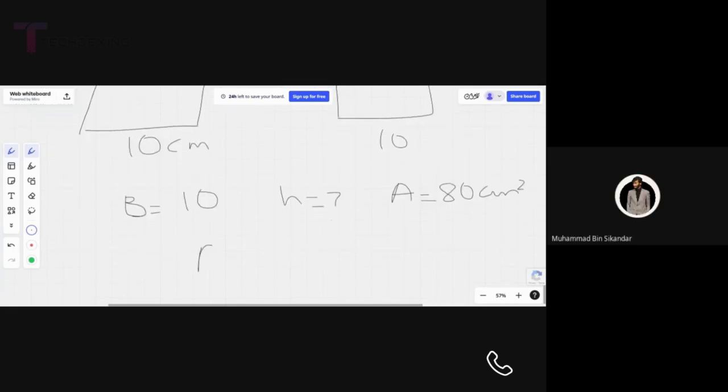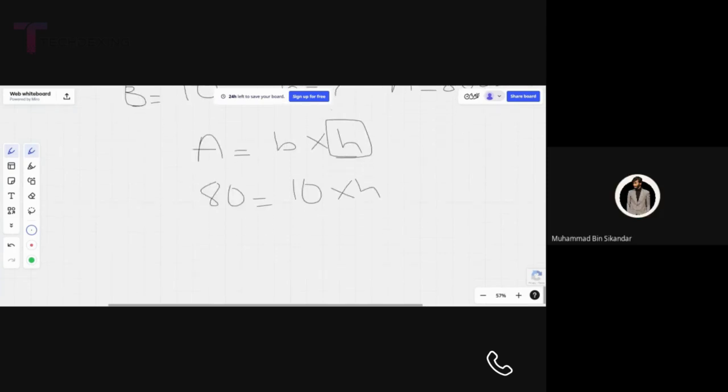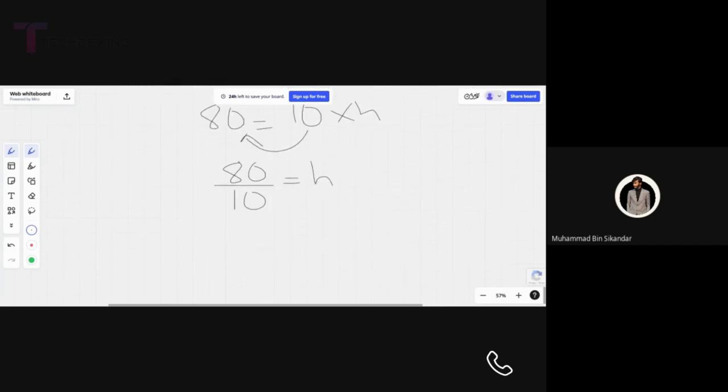I told you earlier the formula was base multiplied by height. I'm not given this one. If I put in the values, I cannot multiply 10 with h, so I'm going to move the 10 to the other side. So it will be 80 divided by 10 equals h. h will be 80 divided by 10, 8.